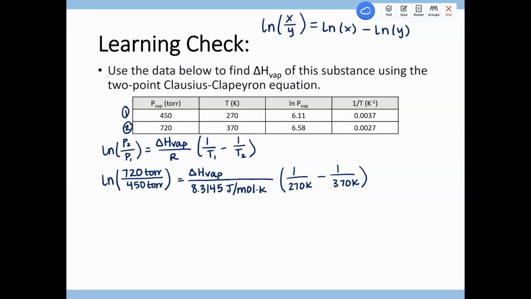So if we use those values, I'll just go ahead and put those in. So natural log of 720, 6.58, minus natural log of 450, 6.11. This is equal to delta H of vaporization divided by gas constant.